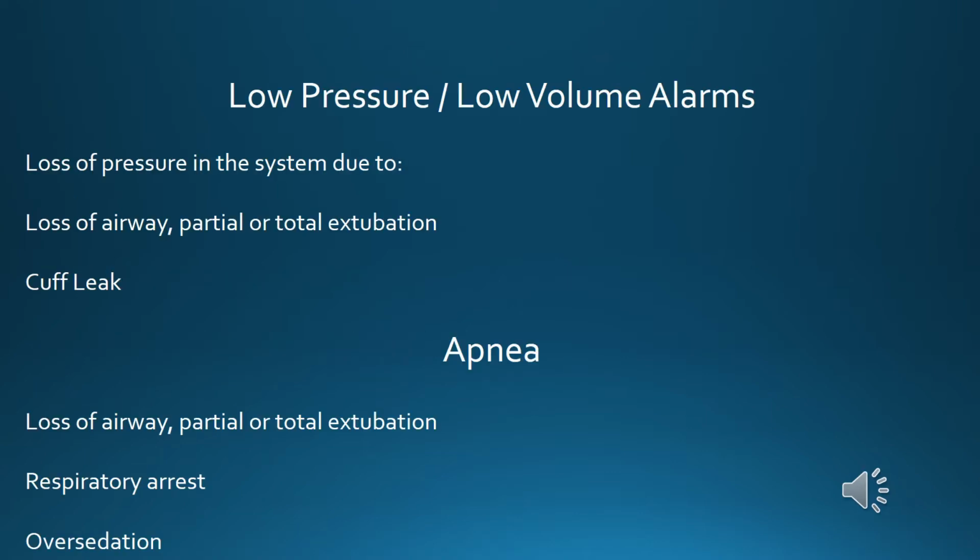Low pressure alarms or low volume alarms, oftentimes they go together. So you're getting two alarms when there's only one problem sometimes. It's usually due to loss of pressure in the system. The reasons for that can be you lost your airway.